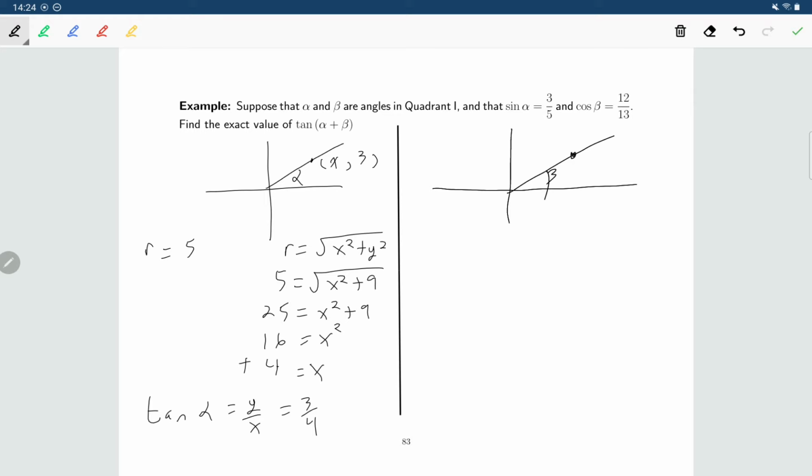A cosine of beta is 12/13, and cosine is x over r, so the x-coordinate is 12, the y-coordinate is unknown, and r is 13. And now doing the same thing that we had, we can find out what, in this case, y is.